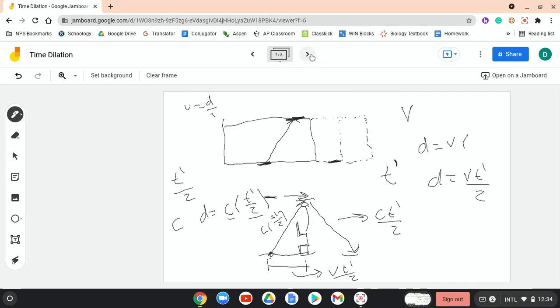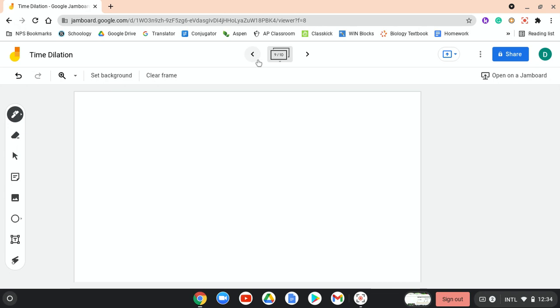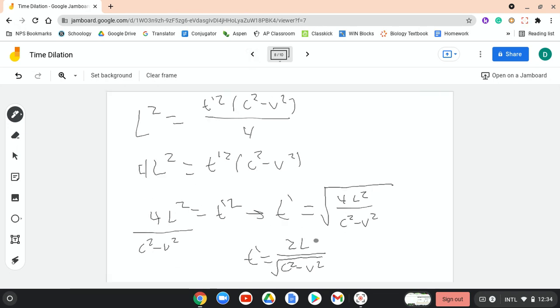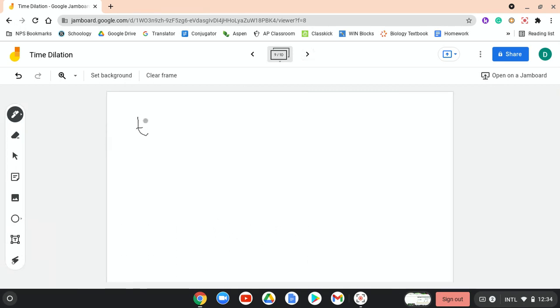So I can go back to my equation all the way over here, and I can replace L with what we said it was equal to in Ross's example. So then t prime equals 2 times tc over 2, over the square root of c squared minus v squared. Let's go back to the slide and see what we have.